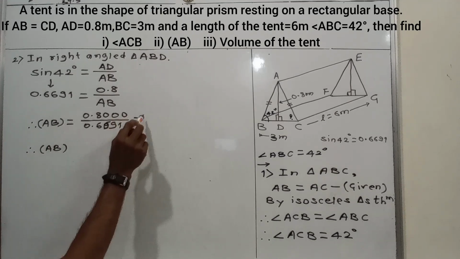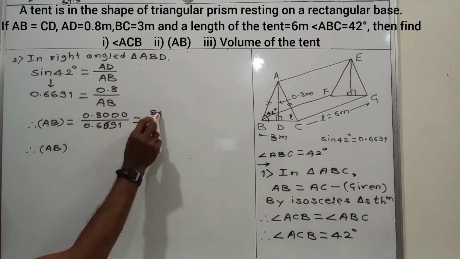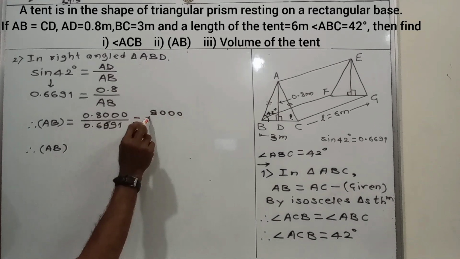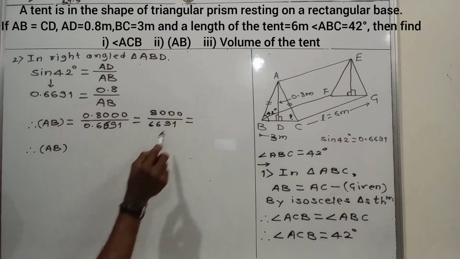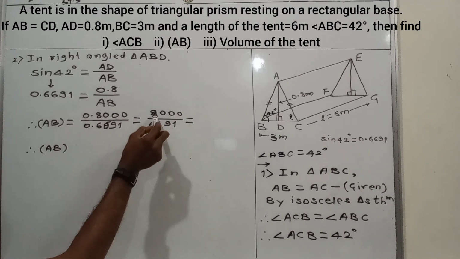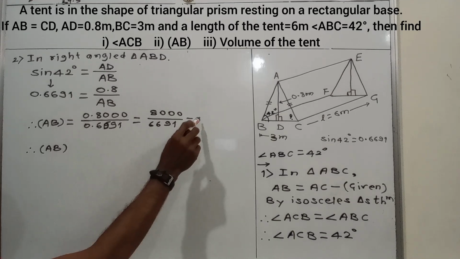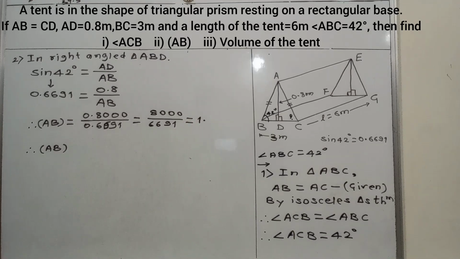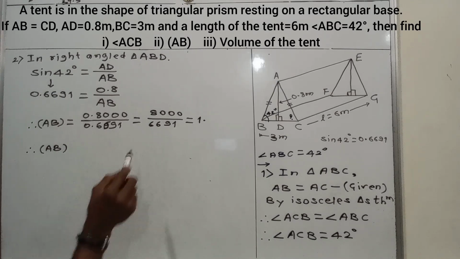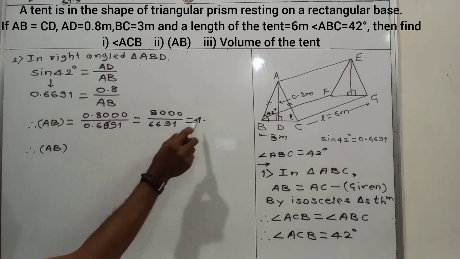We write 4 decimal places in both, so we cancel them, and we divide 8000 by 6691.